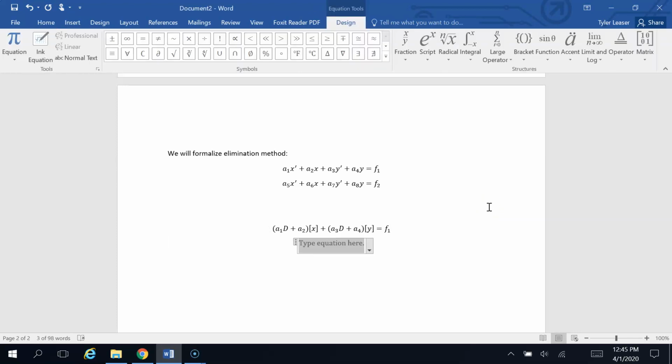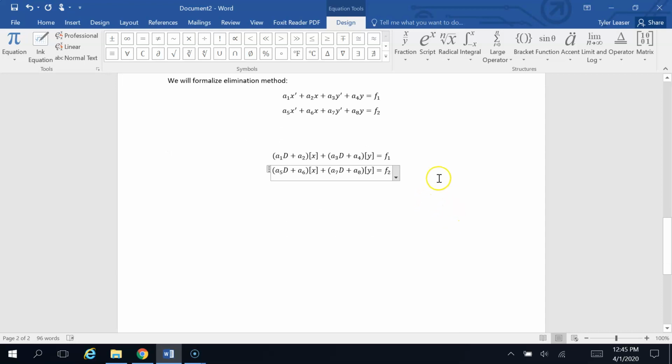Rewriting the second equation now: the operator (a5 D plus a6) operating on the function x, plus the second pair of terms, (a7 D plus a8), that operating on the function y, and still f2 on the other side here.